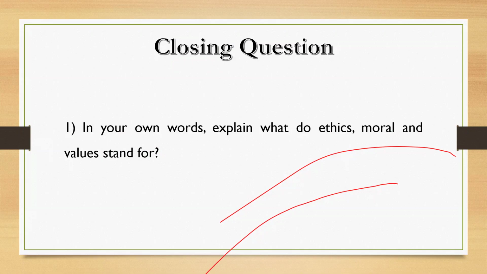Just one volunteer to explain this. Hi, teacher. Yes, Marcos Montoya. So, in my own words, morals would be the values that you recognize you have as a person, and ethics will depend on your work or your professional career, because there are different rules for every profession. Okay. Thank you very much, Marcos.